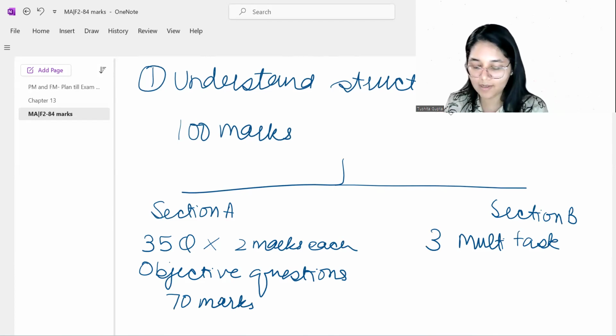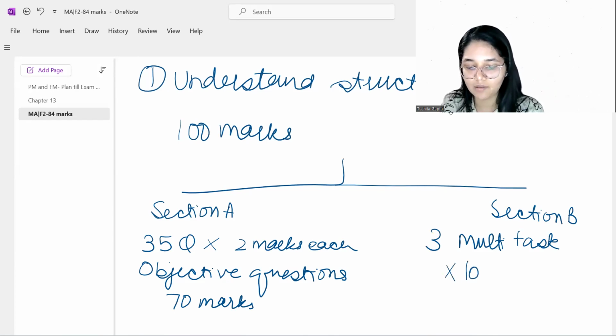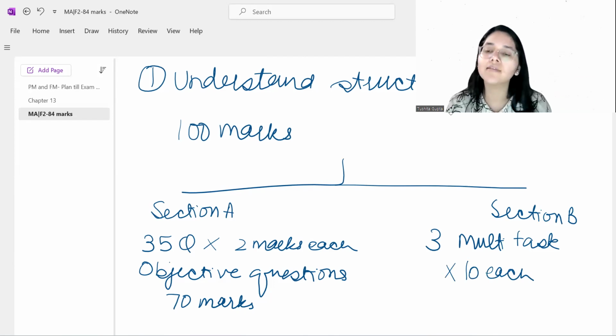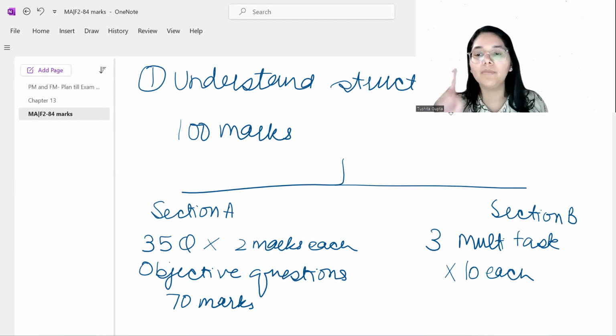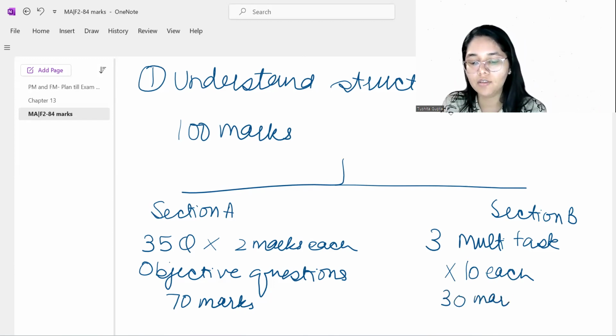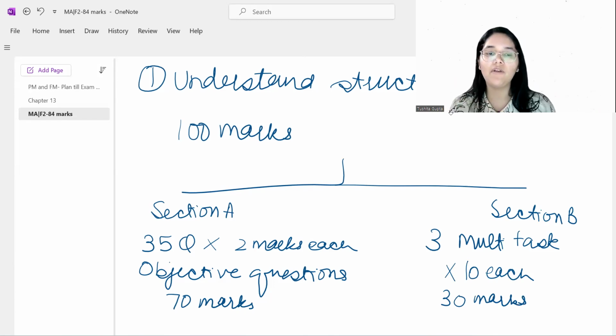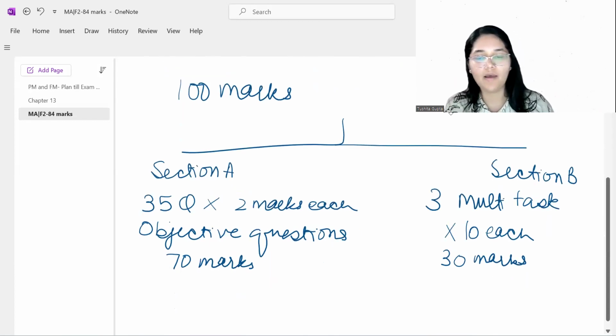Each multitask will be 10 marks. Within that 10 marks, there will be different requirements for separate marks, but the total for one case study will be 10 marks. Together these make up the remaining 30 marks, and 70 plus 30 gives you 100. So basically this is the exam structure for your management accounting exam.